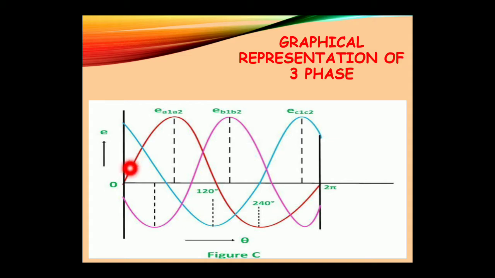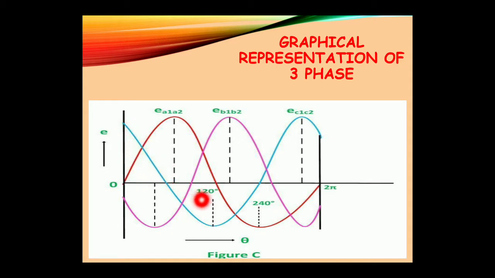So here you can see this is the peak value of the first coil voltage, and this is minus 120, that is 0, that is minus 120, or plus 240, and that is plus 120.